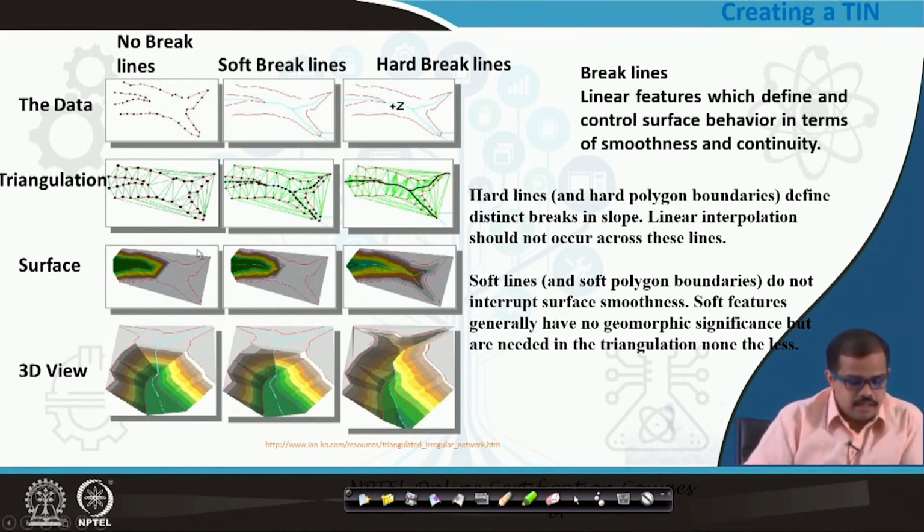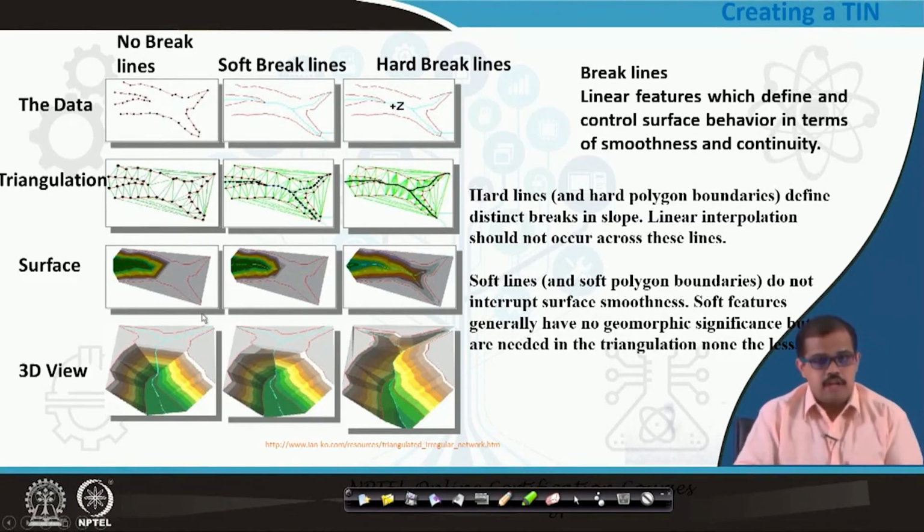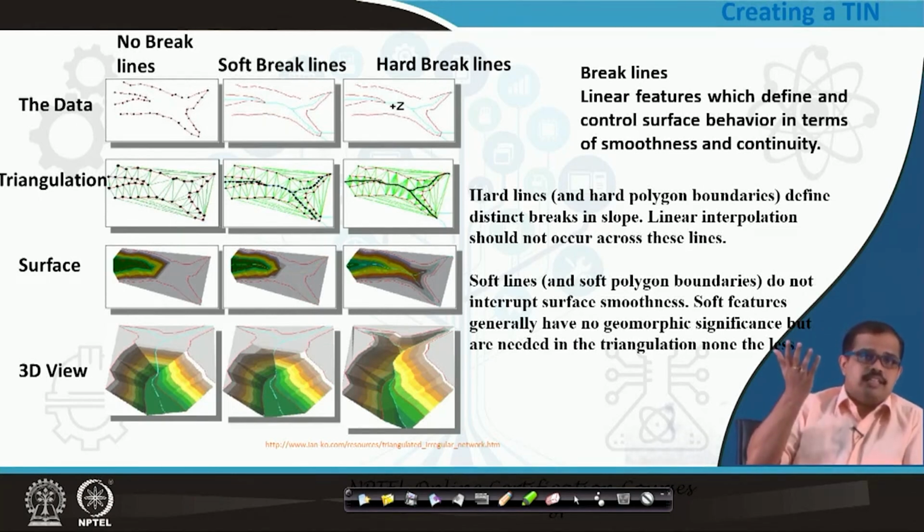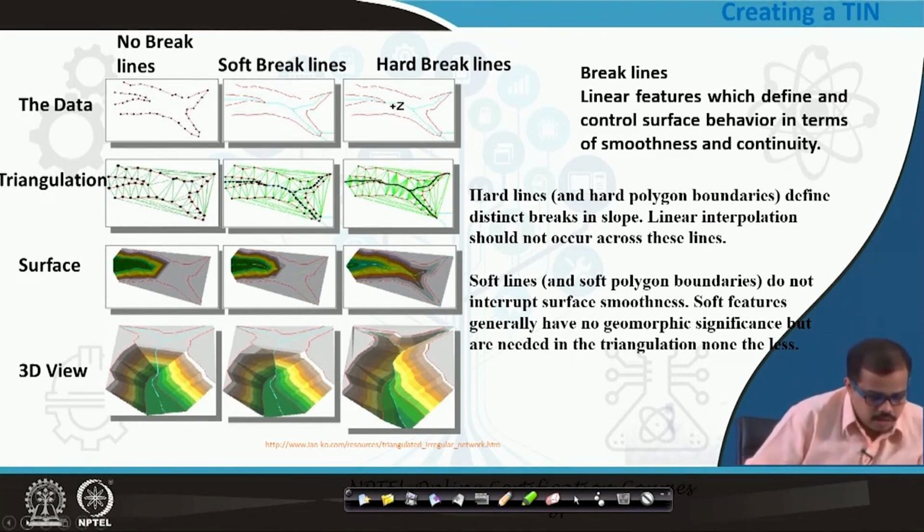Once you have done it, the entire surface data is then overlaid on this aspect. Now you have the plus or minus z values, so this can be looked at in a 3D view. This is a representation of that 3D view.